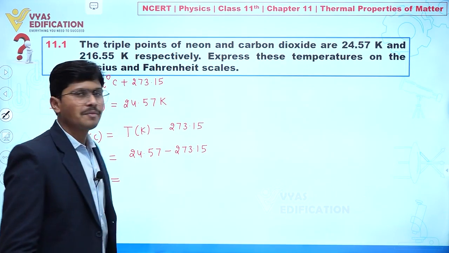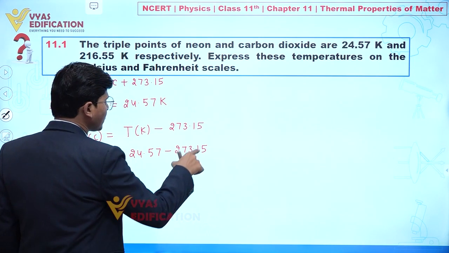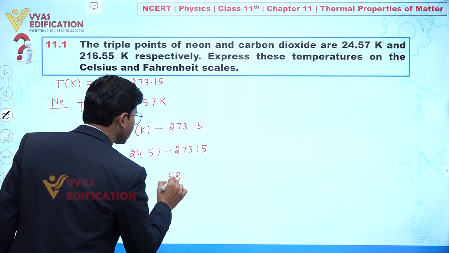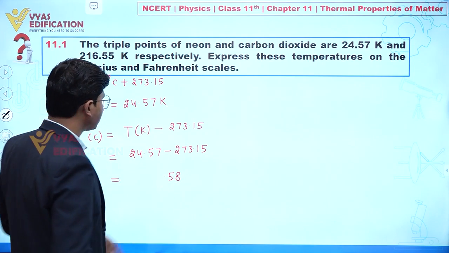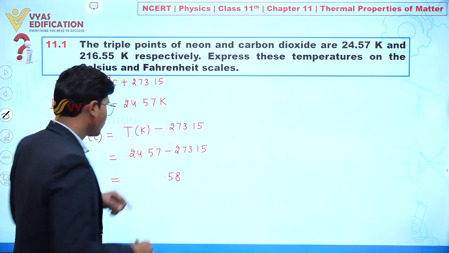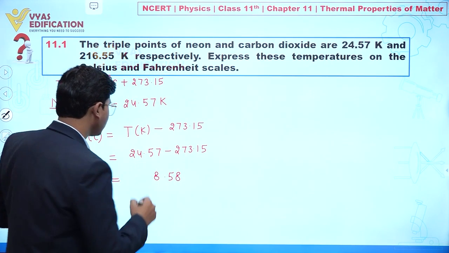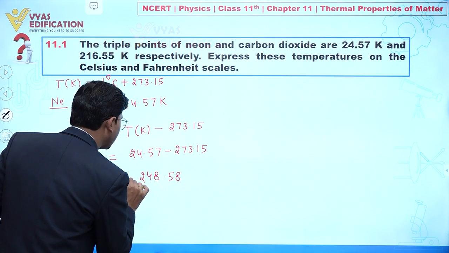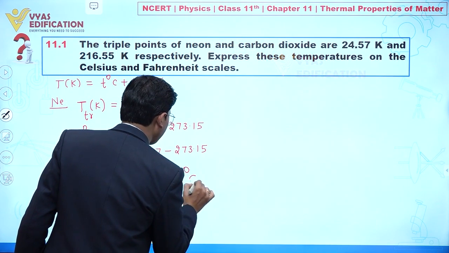Now subtracting digit by digit, we get minus 248.58. So we can say this is the answer in degree Celsius.